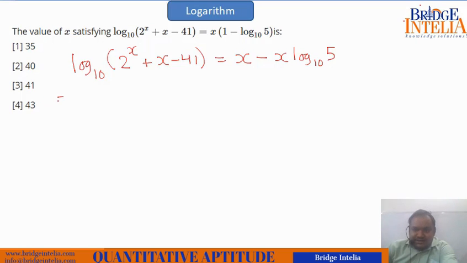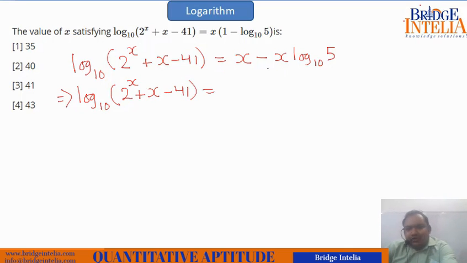How? Now this can be rewritten as log 10 of 2 to the power x plus x minus 41. To make it homogeneous, we will introduce log 10. How? Because we know that log 10 to the base 10 is equal to 1. So there is no difference. Even if I write this, the equation is maintained. So minus, now this x can act as an exponent.